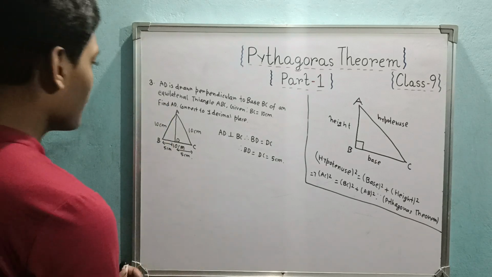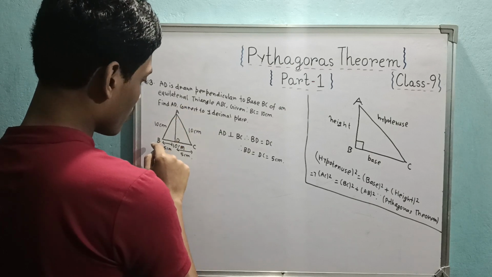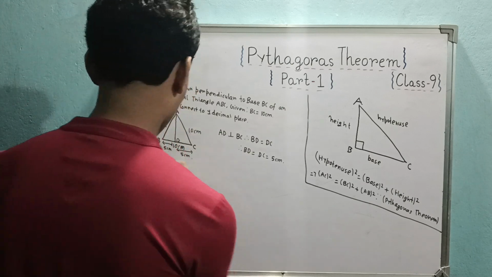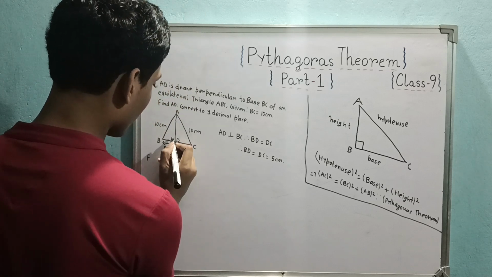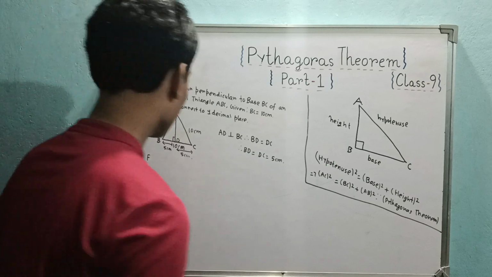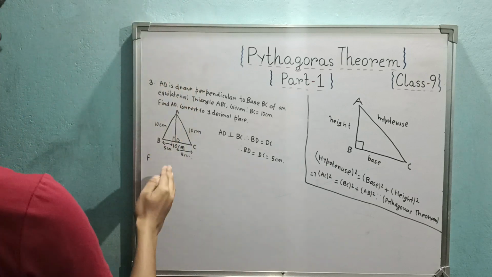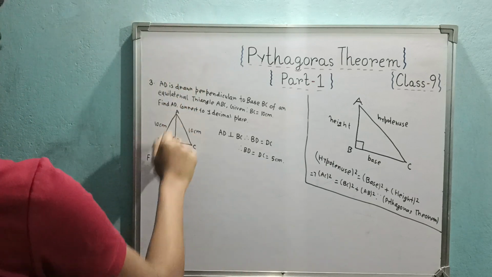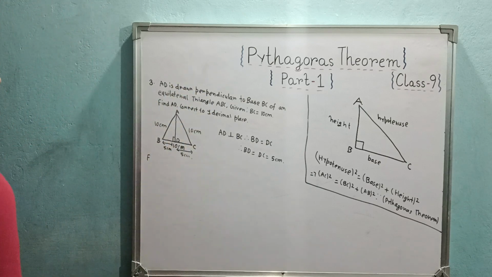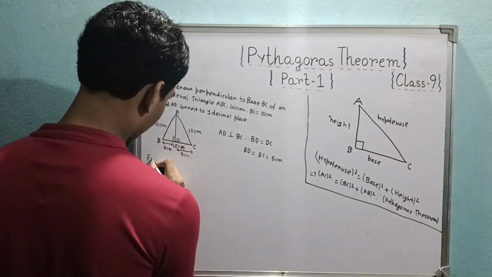AB is given to us, BD is given to us, we have to find AD. This will become a right angle triangle. Because it is perpendicular to BC, ABD and ADC are both right angle triangles. So I am doing it for triangle ABD.